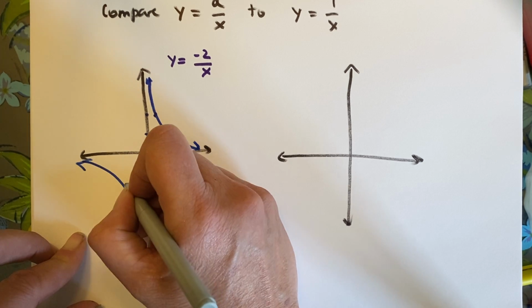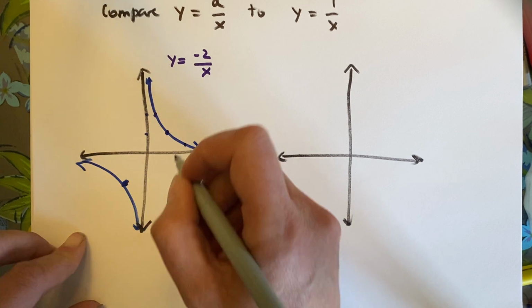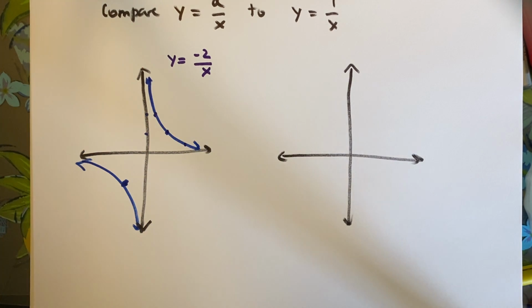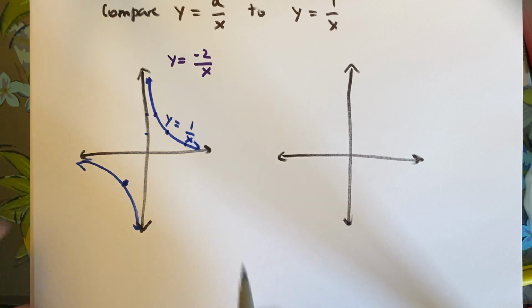This is too far from the axis. Unfortunately, I didn't draw it as well as I should have, but you get the idea. This is my parent function, y equals 1 over x.